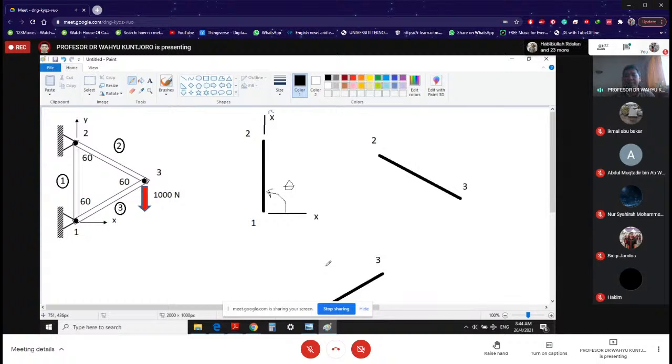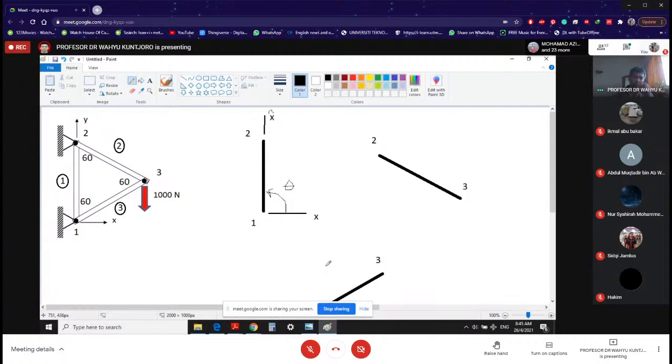So if element number 1 in your case is this, then your theta is 90 degrees, based on my suggestion last week that positive x local is measured from the lower node number to higher node number, from 1 to 2 in this case.